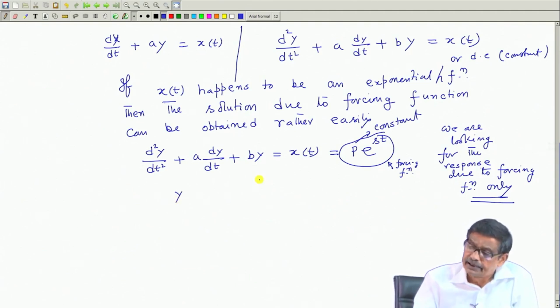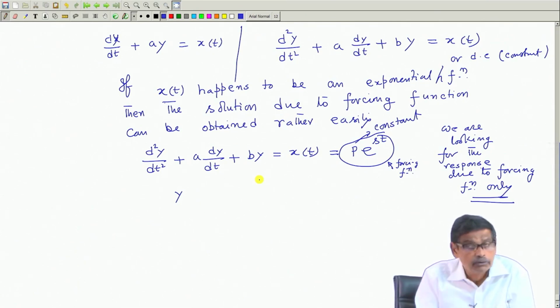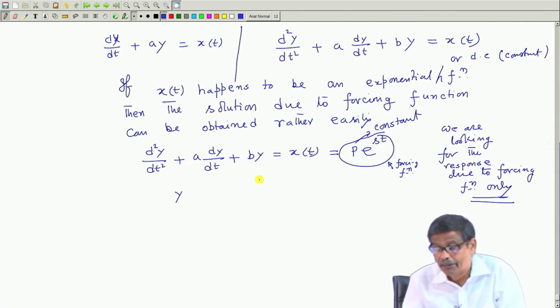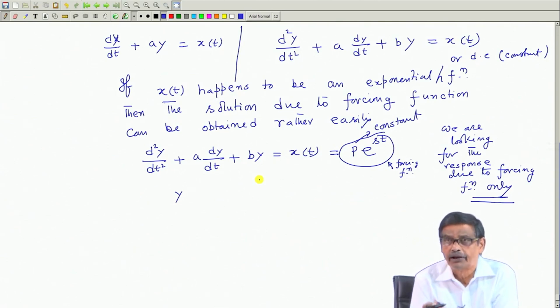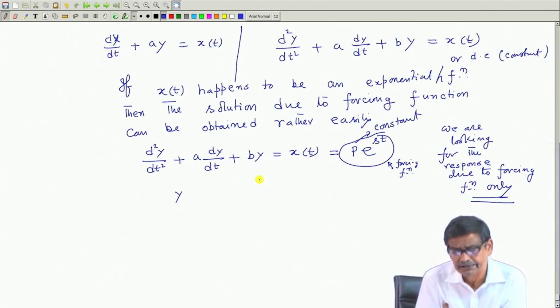If the right hand side is exponential e to the power s t, then for all time, whatever the nature of y(t), the left hand side if you compute has to match the right hand side. That is a crucial point. Therefore, the question is, can I guess what should be the nature of y(t)?